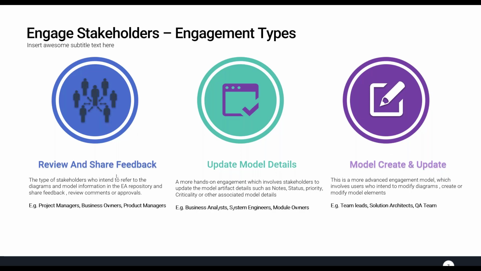Firstly, it could be the review and sharing feedback and giving us the approvals, but we can also use Prolaborate to request the team to update our model details. Let's say I jot down a couple of requirements and use cases in a BA workshop, in a requirements workshop, but I would like to have more details about those requirements, more details about those use cases.